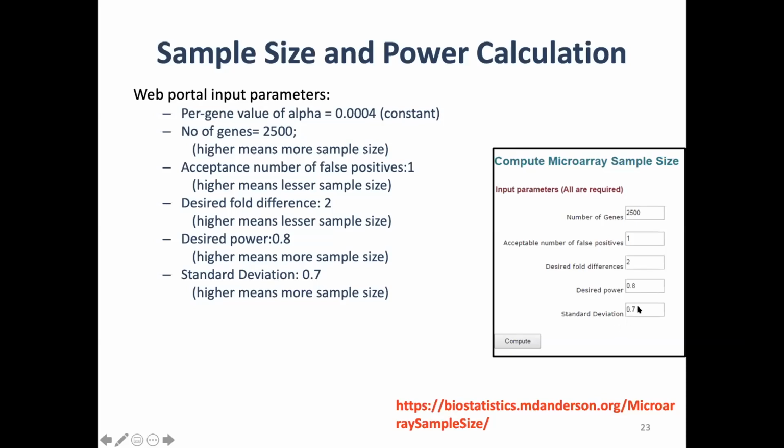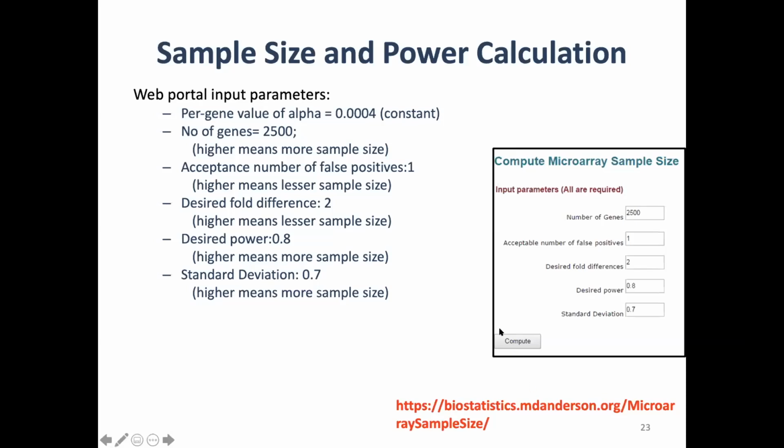Standard deviation also affects this. If you desire higher power, then you have to increase the sample size. Sample size will increase if the desired power is higher. And if the standard deviation of your data sets is higher, then you need more sample size.